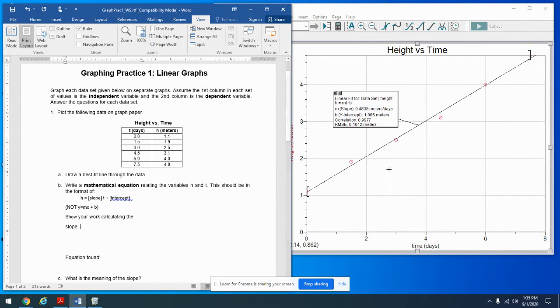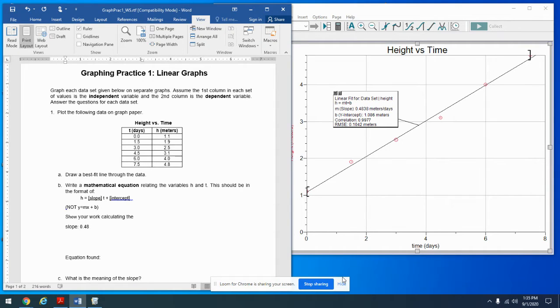So show your work calculating the slope. I don't need to do that because I've already got it, but I am going to go ahead and report what it is. Since all of these numbers have 2 significant figures in them, I'm going to do 2 here. I'm not going to take off points from you if you include all 4 of those, but you definitely don't want to include more than that. Now, with the little period there, sometimes it's hard to tell, especially when we're typing.